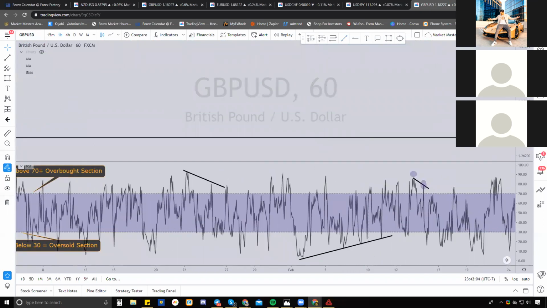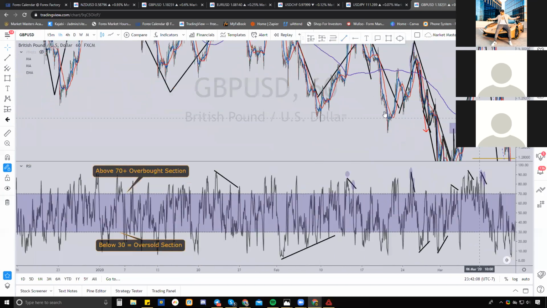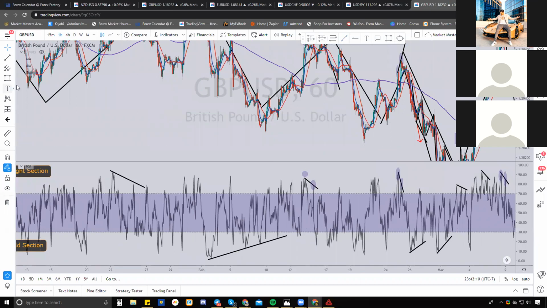Let me spot one more, this entire area here. So this point here, these points here. I'm going to try finding them on the chart. So it's this point here, this point here, this point here, and then here.